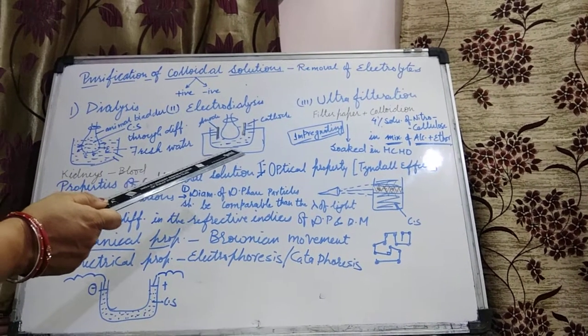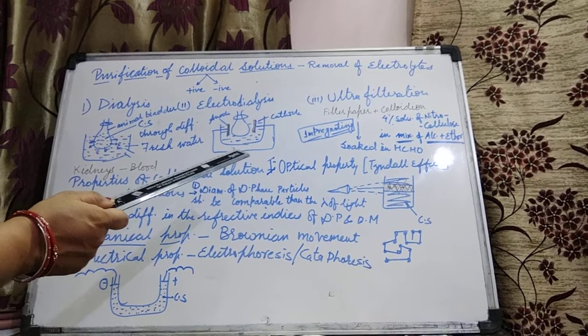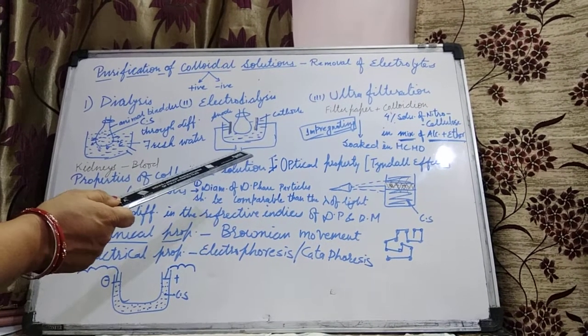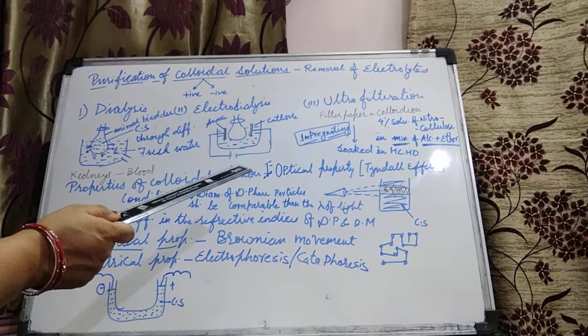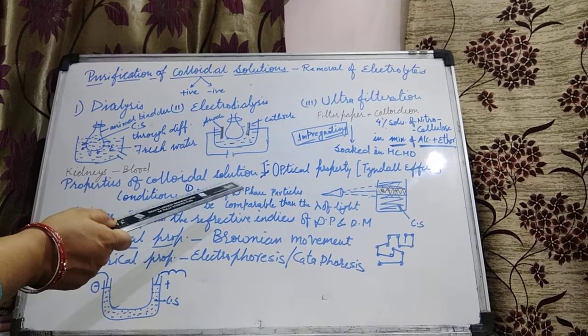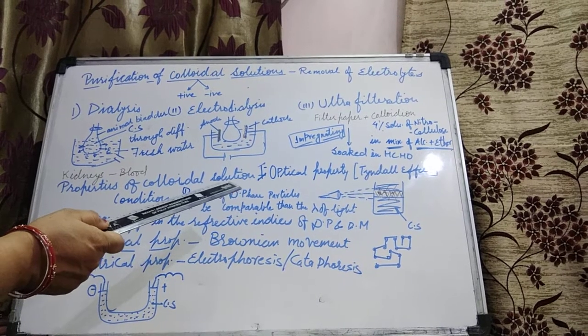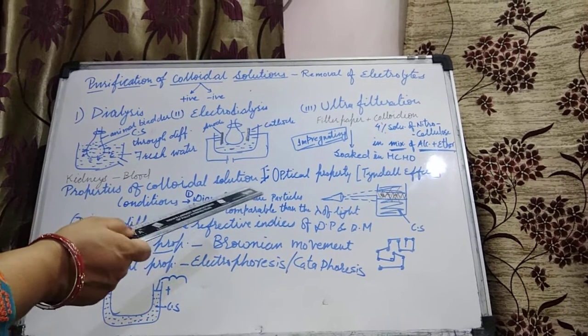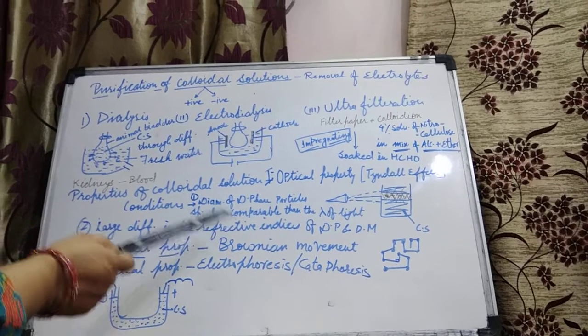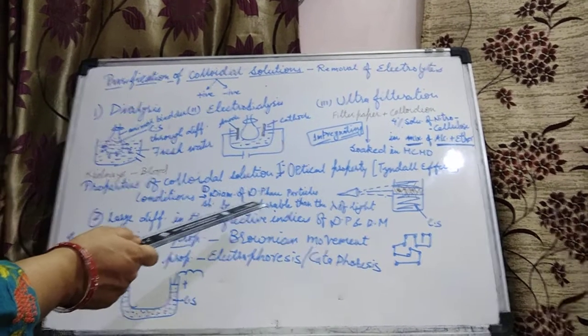Actually, light comes from the sun in the form of white light or VIBGYOR, and the atmospheric air acts like a colloidal solution that scatters light, but since blue light is scattered the most, the sky appears blue. So that is also a result of the Tyndall effect.